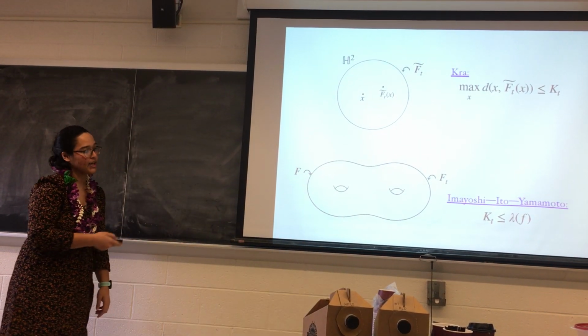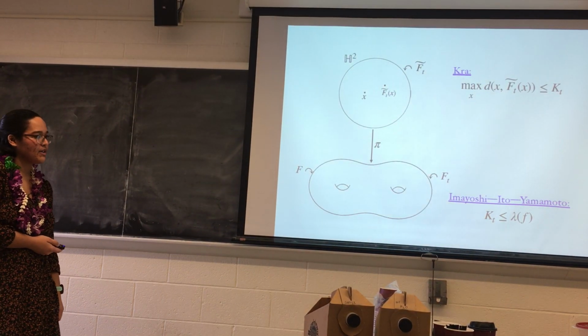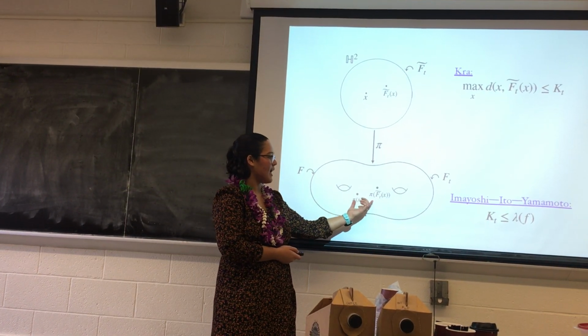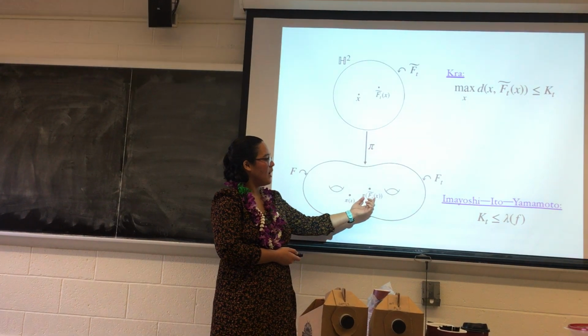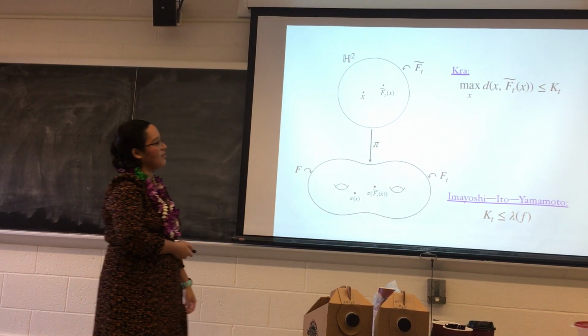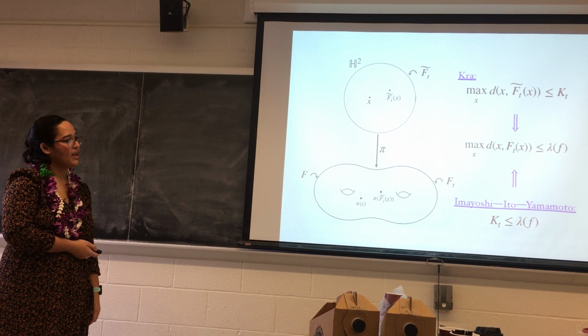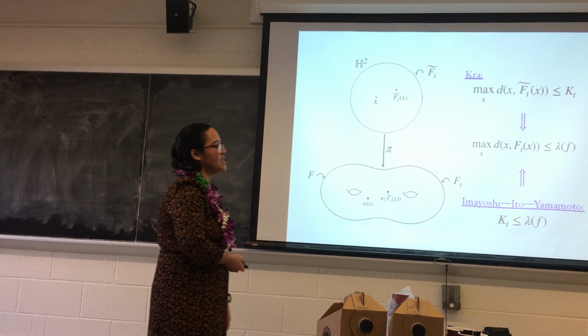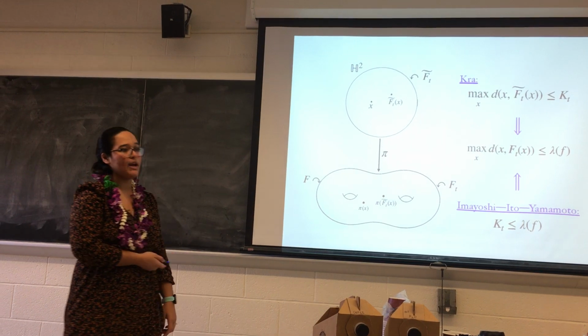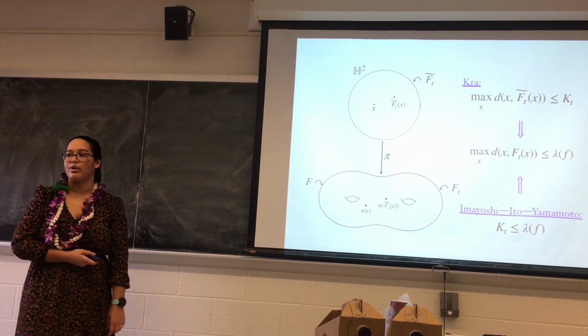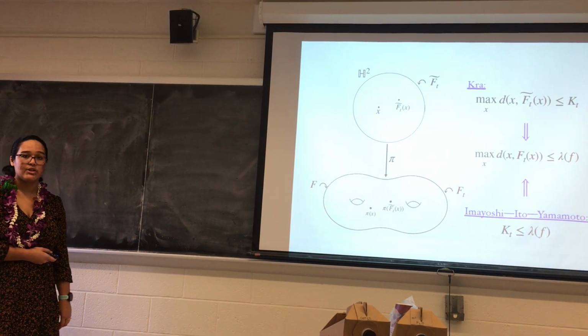So we have to go back downstairs, and we look at, again, images of points. We want to see how far a point is moved under the image of this isotopy. And so what does this get us, putting these together, is that we can give a lower bound on the pseudo-Anosov dilatation in terms of the maximum distance that a point is moved on our surface by our isotopy.